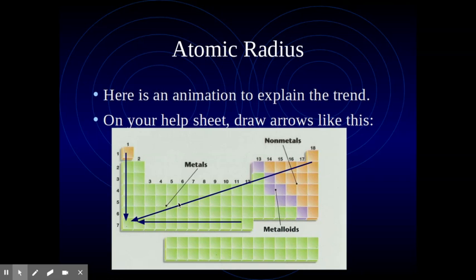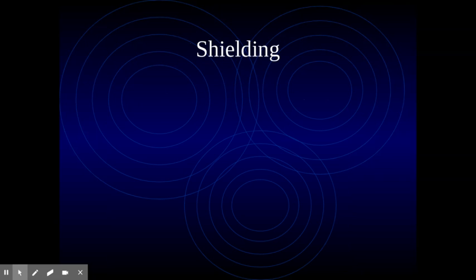Or I might say, which is larger, oxygen or fluorine? See how they get smaller that way? So oxygen's larger. So which is larger, oxygen or sulfur? Oh, well, sulfur would be larger because it's got another level on it. So you're going to use these trends to compare and tell me which is bigger or smaller.